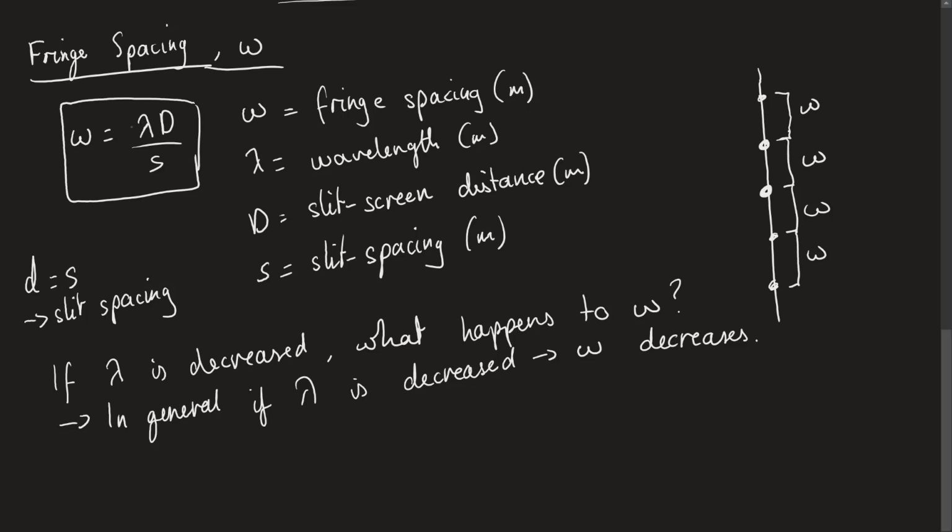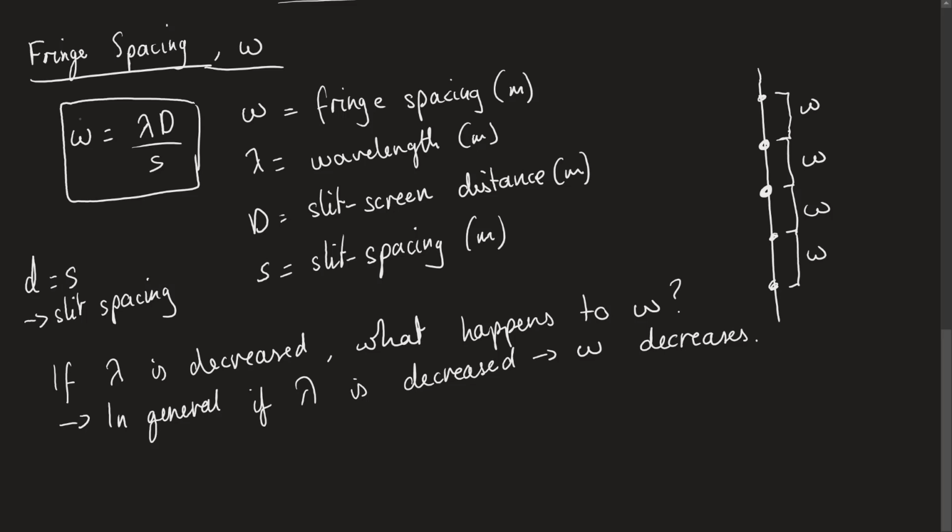But if we keep this the same, it's a lot easier to change the slit spacing. So we can think about this another way. If we decrease the slit spacing to be equal to the wavelength, as we generally decrease this, we have to increase the fringe spacing.